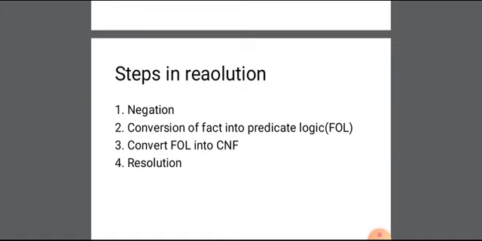The second step in this procedure is to convert the available facts into first order logic or the predicate logic. Whatever data we have, we have to convert all that data into first order logic or the predicate logic, or we can say logical statements.